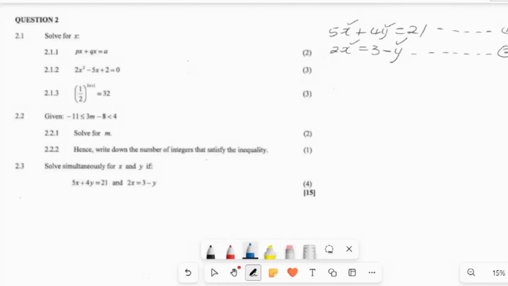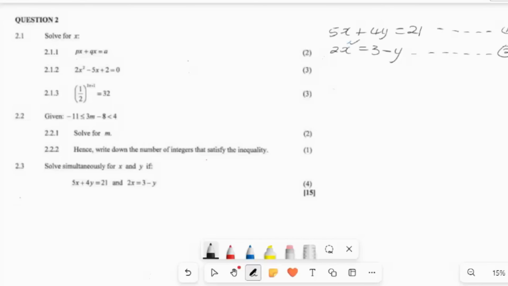In this case, when I look at it, it's this y. But you are not restricted, you can make any of them the subject of the formula. You just need to make sure that whatever you are doing is simple for you, so that you do not unnecessarily lose marks.